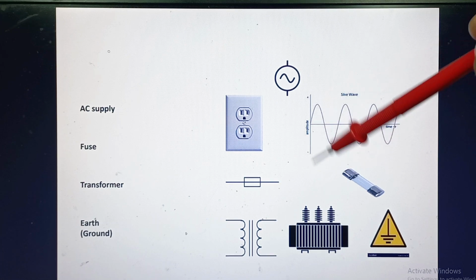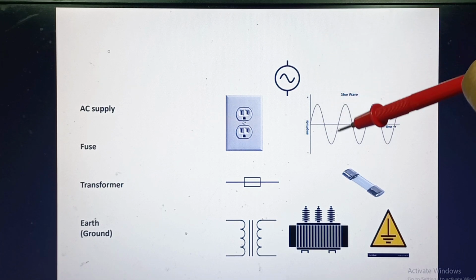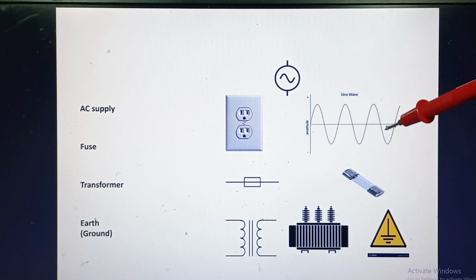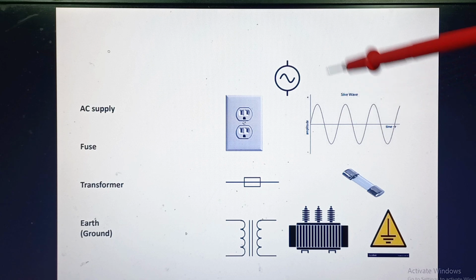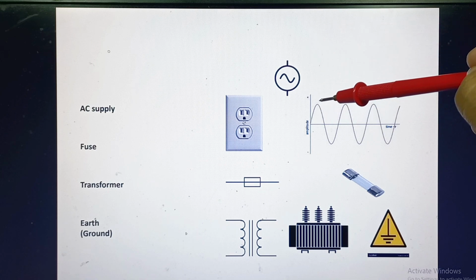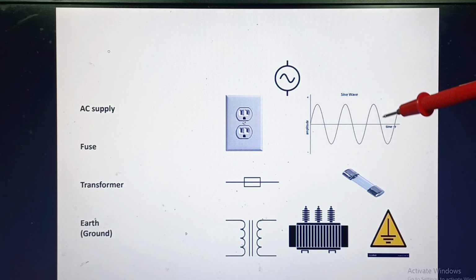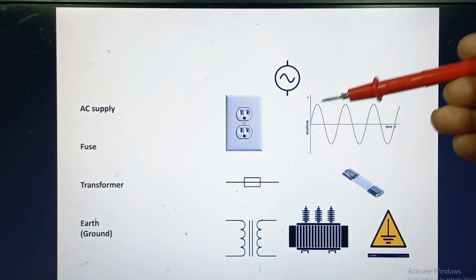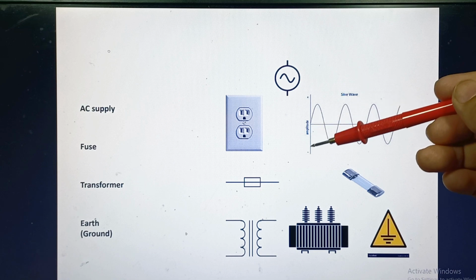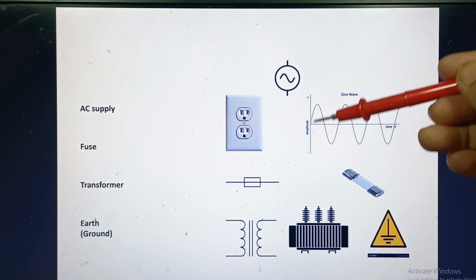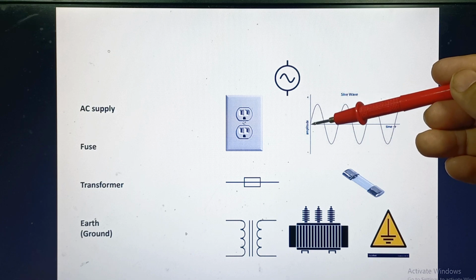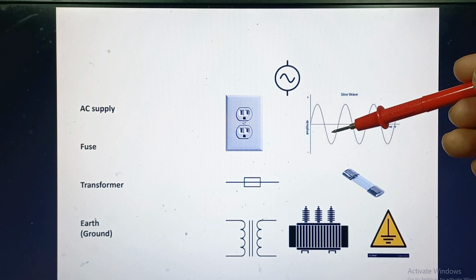Here you can see the waveform of an alternating current, which is periodically changing its direction with the passage of time. This is your timeline. This line represents the amplitude of an AC current, both in positive as well as in negative direction.